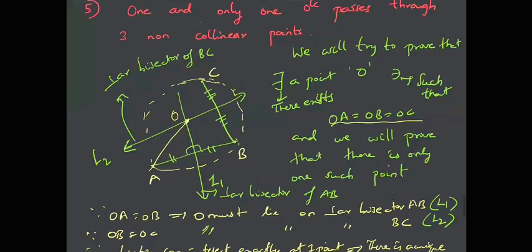There is only one point such that all these points A, B, C are at equal distances from that point.